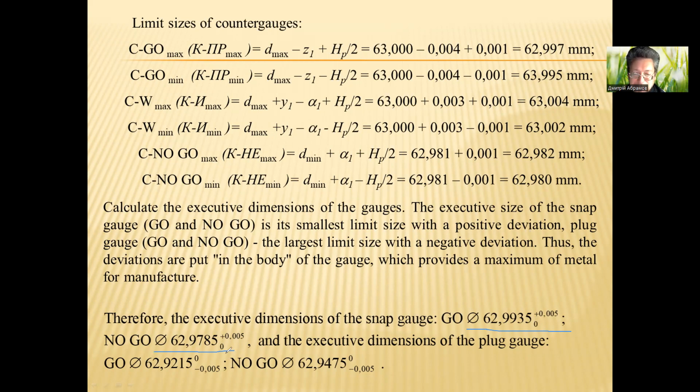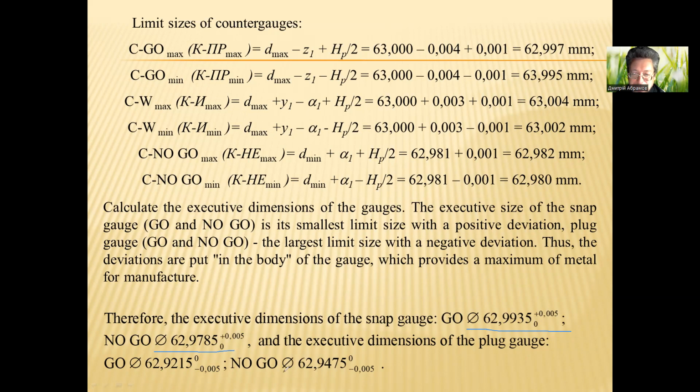And the executive dimension of the plug gauge, go, diameter 62.9215, upper limit deviation 0, lower limit deviation minus 0.005.